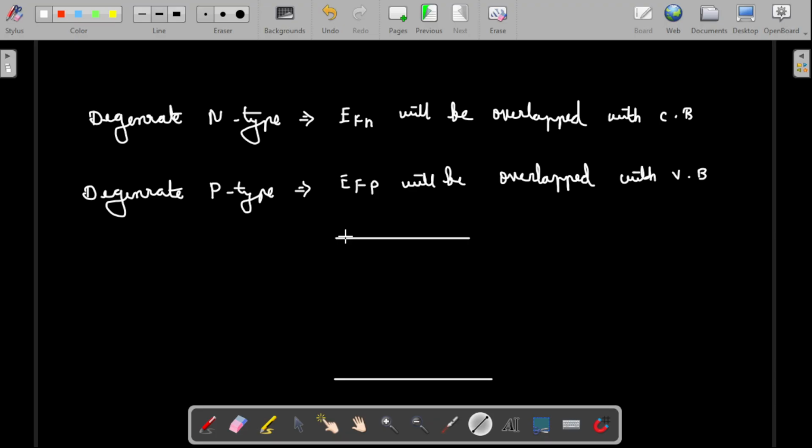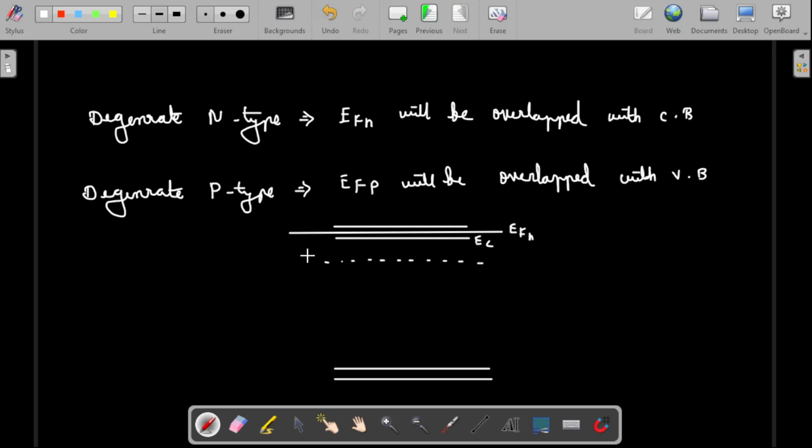This is EC, this is EFN. Here EFN needs to be somewhere here, but due to the increase in temperature or doping, it went above into the conduction band. This is EV.